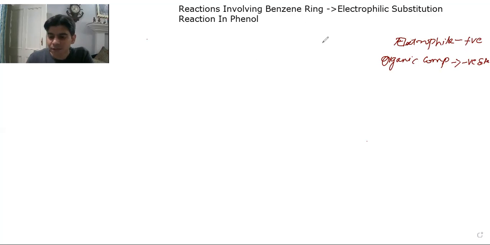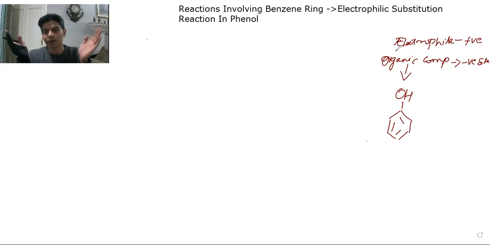So in this case, our organic compound is phenol. This is our organic compound. So we need to look into the sites of high electron density, because as I said, this is an electrophilic substitution reaction.